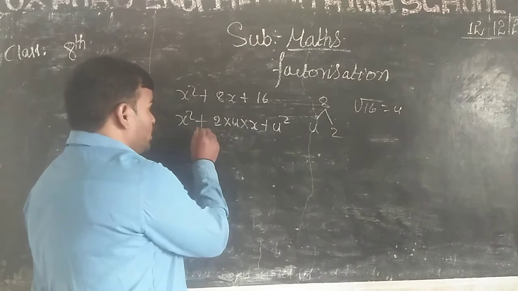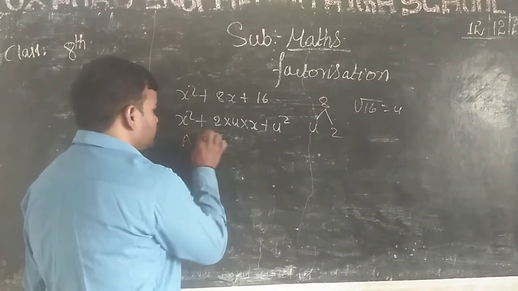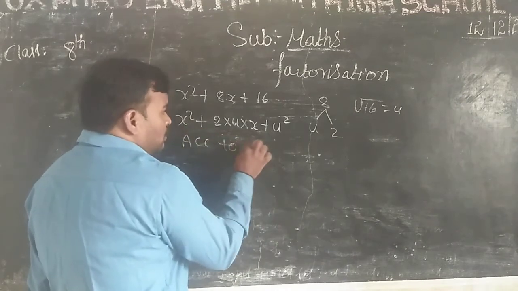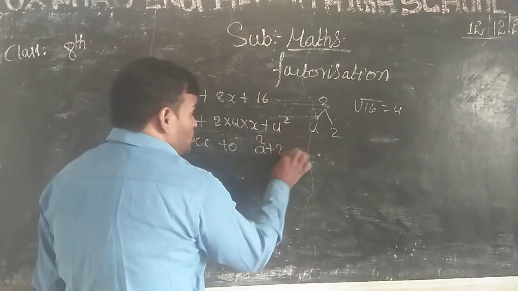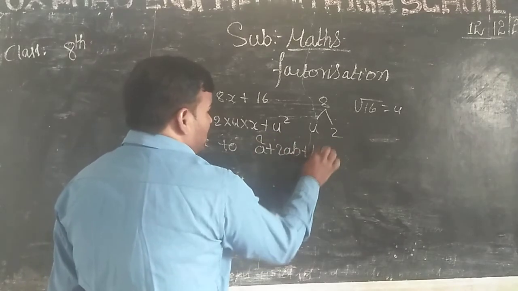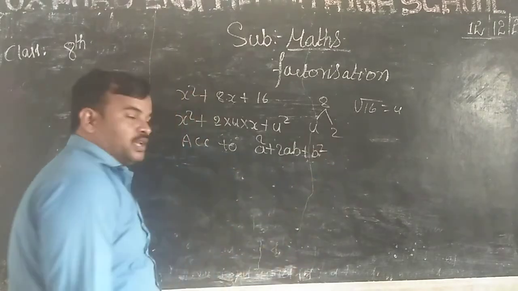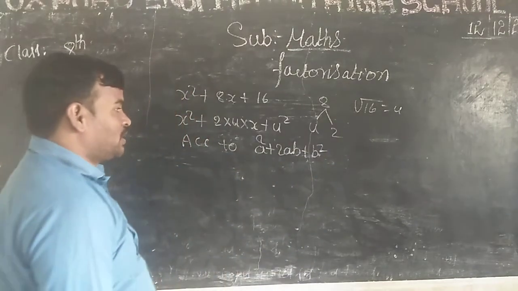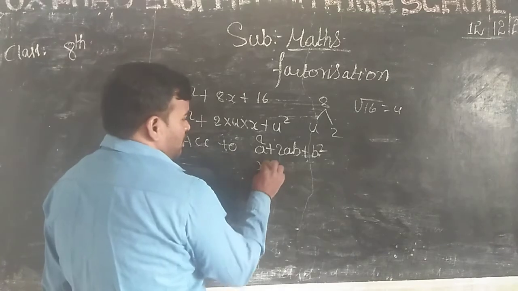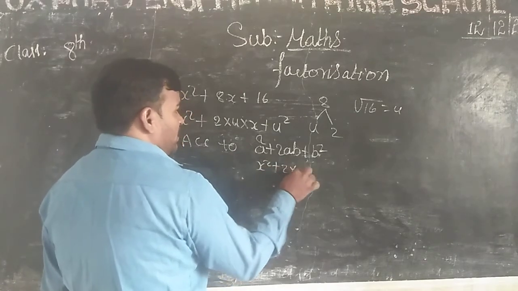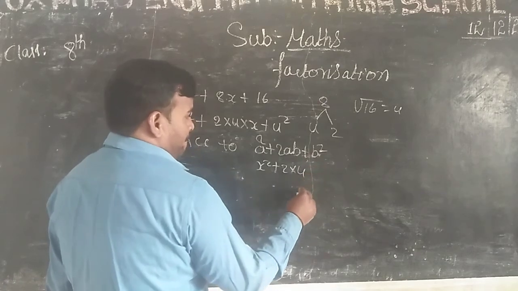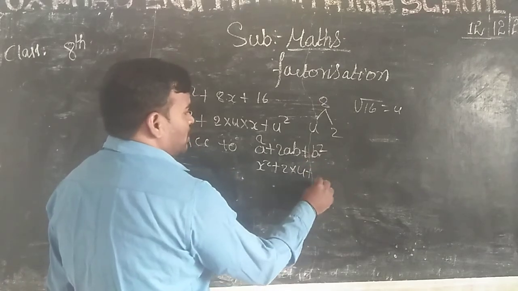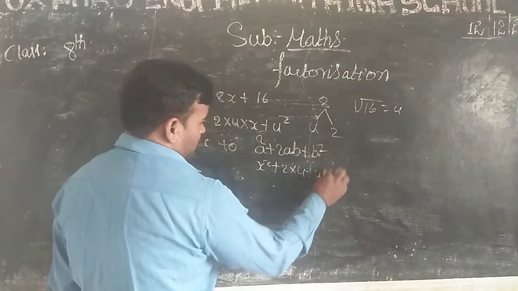This is according to the identity a square plus 2ab plus b square. Here a is x, 2 into a into b is 2 into x into 4, and b square means 4 square.